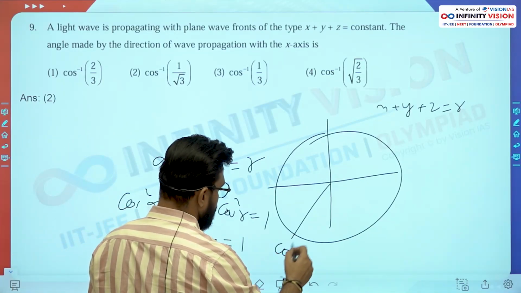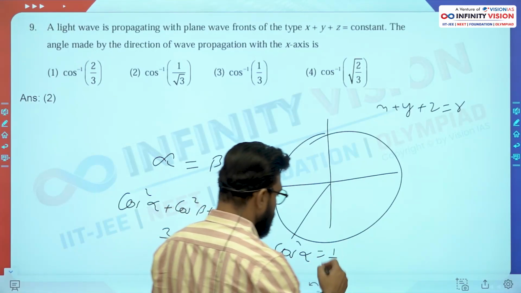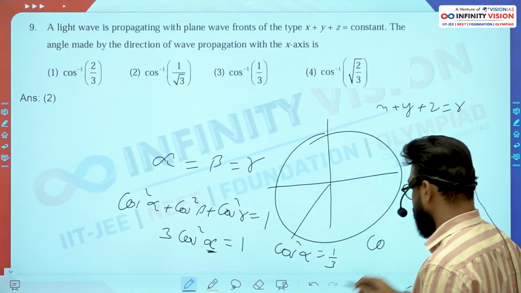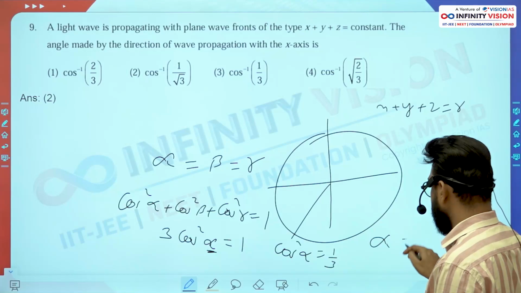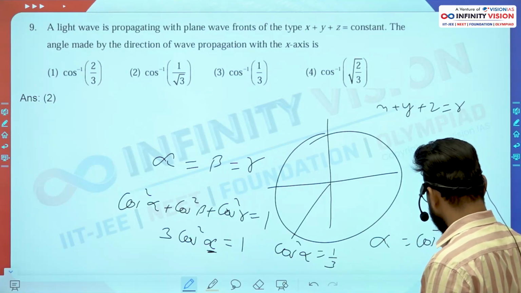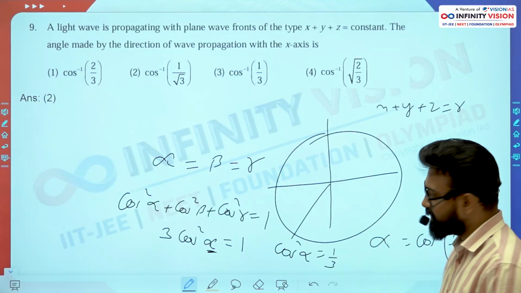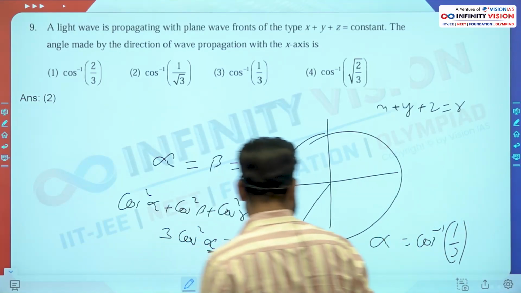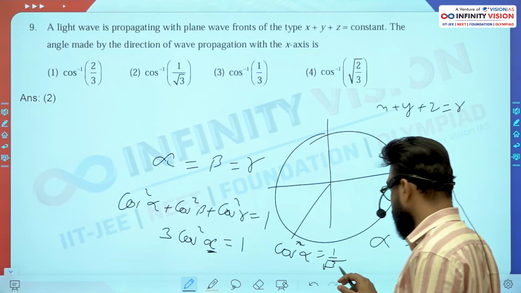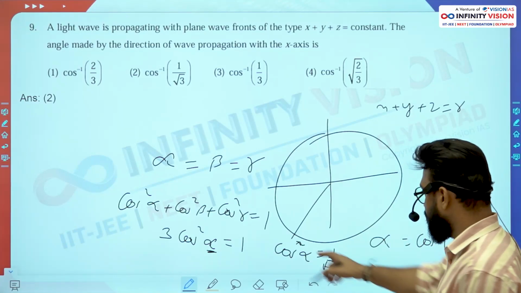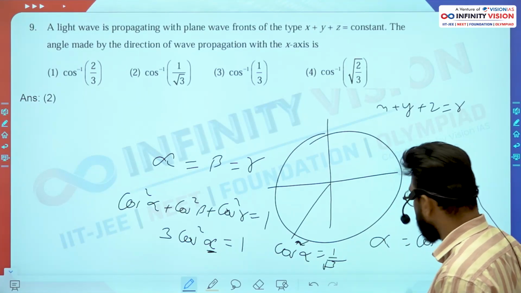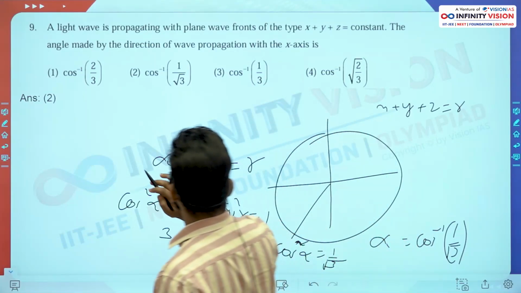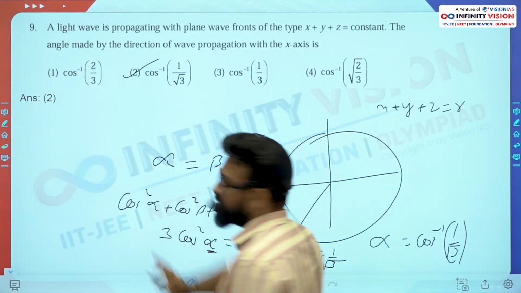Now cos square alpha comes out to be 1/3. So alpha comes out to be cos inverse of 1/3. Okay. So the second option is the correct option. This is whole square, so this would be under root 2. So the second option that we are getting is the correct option.